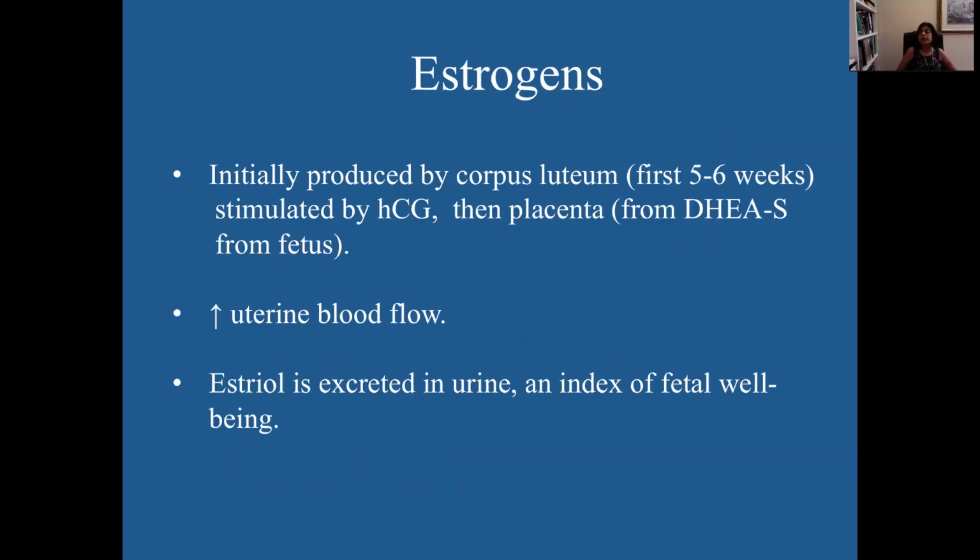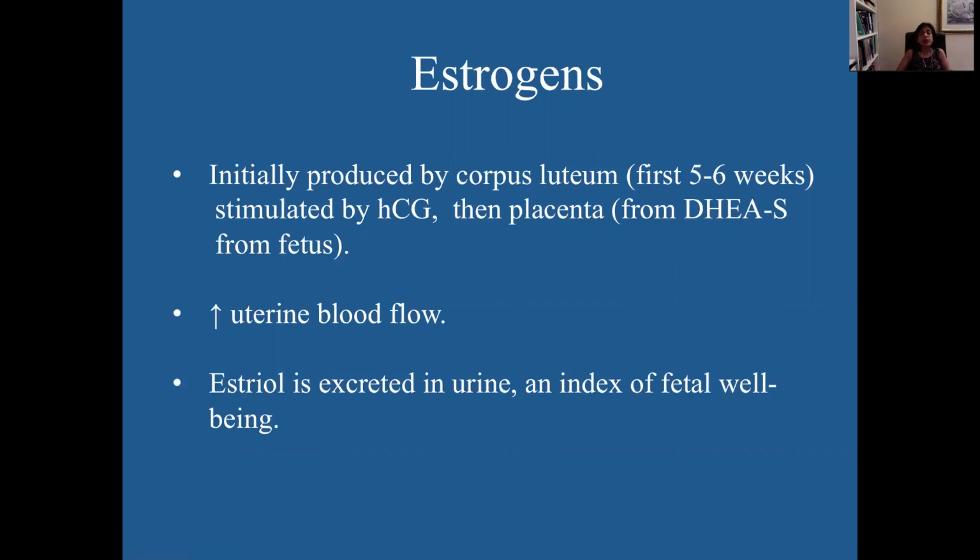Now the last one is estrogens. Estrogens are made by the corpus luteum in the beginning, up to about 5 to 6 weeks, and that is stimulated by human chorionic gonadotropin. Then the placenta takes over. The placenta starts making estrogen a little later on, and again it's from this androgen, dehydroepiandrosterone, that is from the fetus.